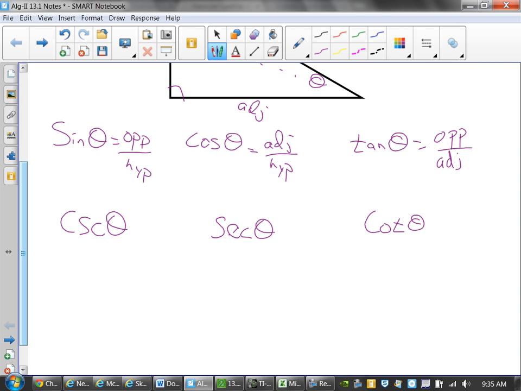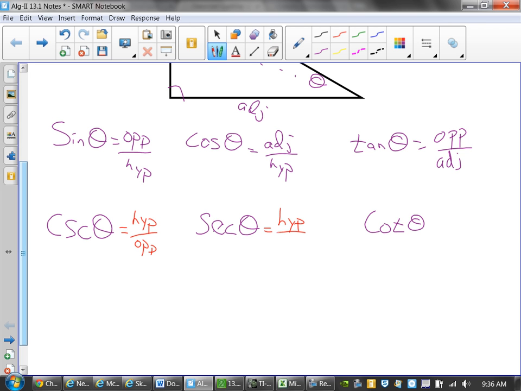Basically, when we're talking about the inverse of these, if sine is opposite over hypotenuse, cosecant would be hypotenuse over opposite. Secant would be hypotenuse over adjacent.